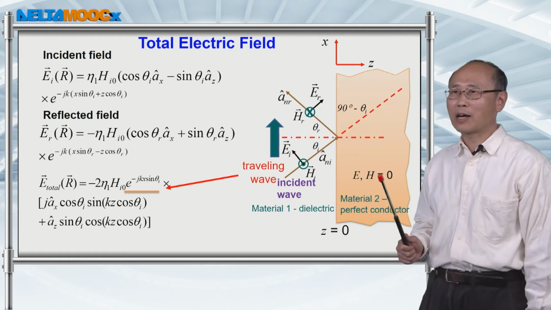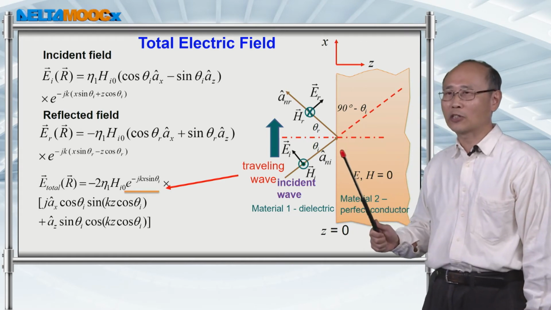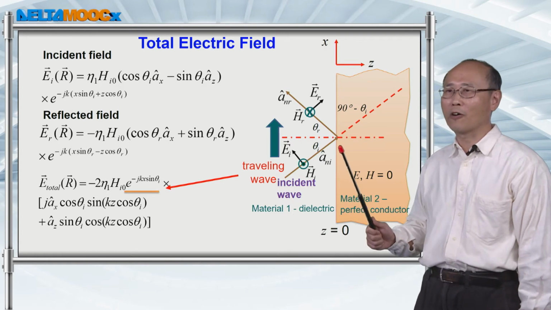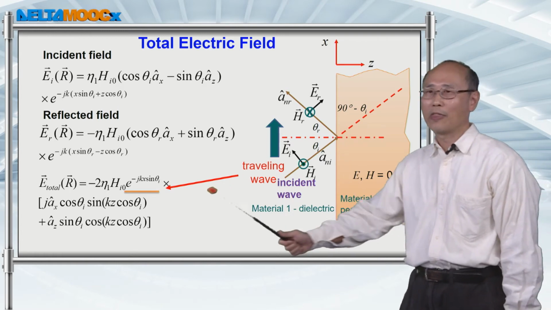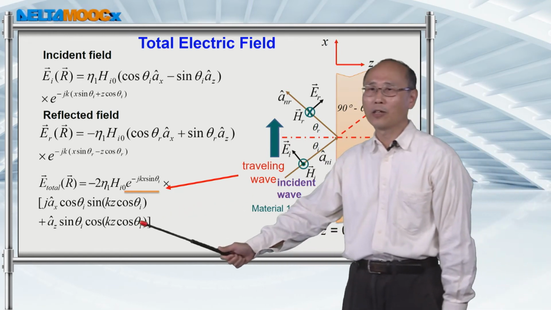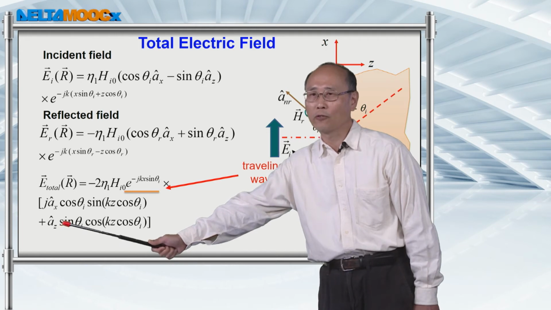And this is the perfect conductor. You'll be expecting to have some surface charge induced on this surface from the normal component of the electric field. Therefore, if you set z equal to 0 right at this boundary, you will get a maximum value for the normal component of the electric field.